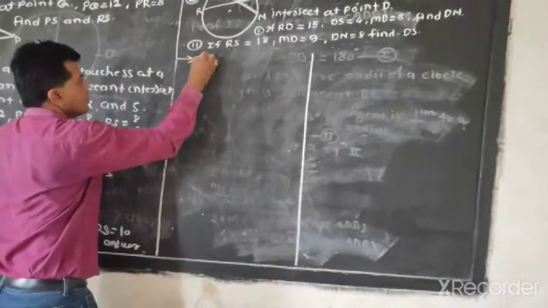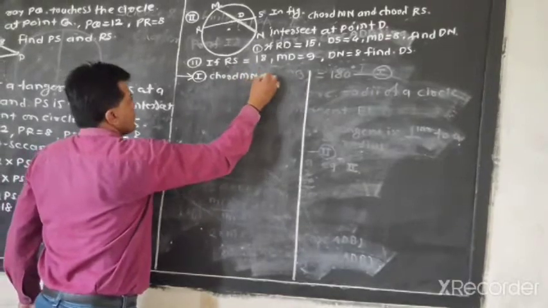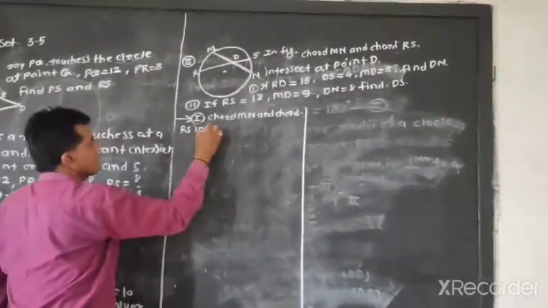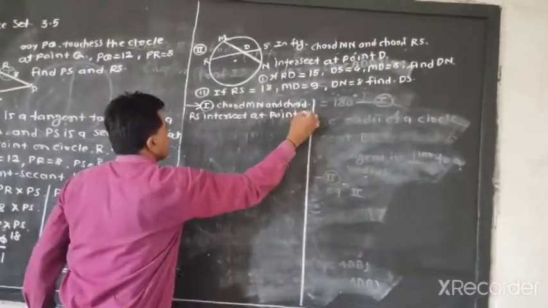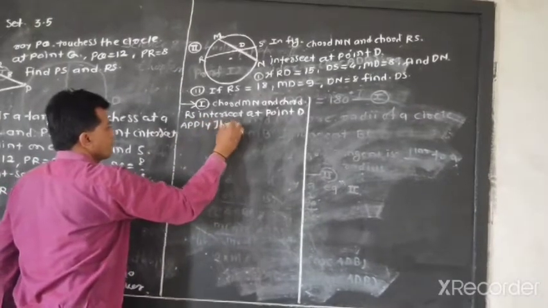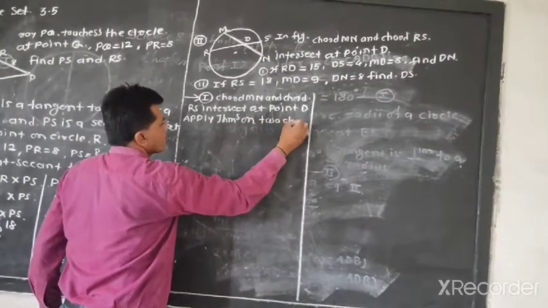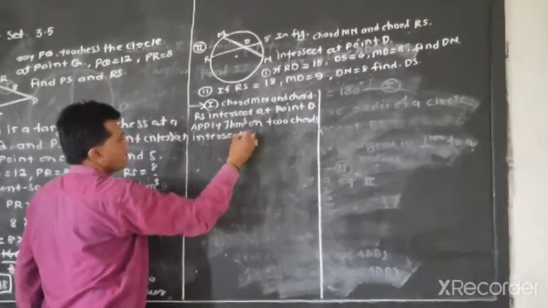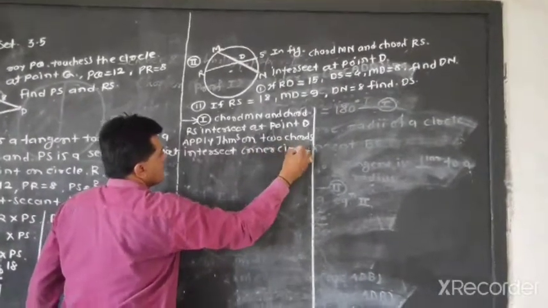Now first, chord MN and chord RS intersect at point D. Apply the theorem on two chords intersecting inside a circle.